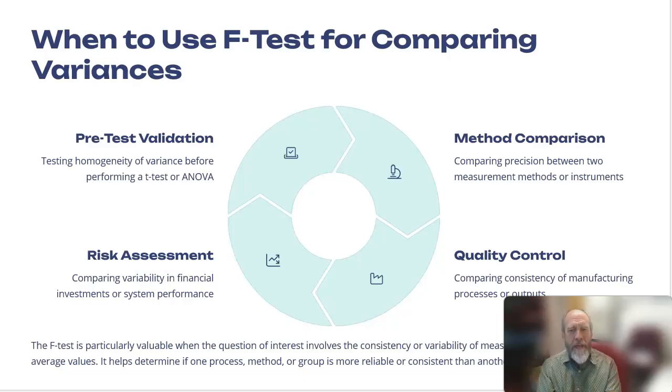So the big thing is the pre-test validation, testing the homogeneity of the variance before you do either a t-test or an ANOVA, which we haven't actually looked at. It's also useful for comparing precision between two measurements.